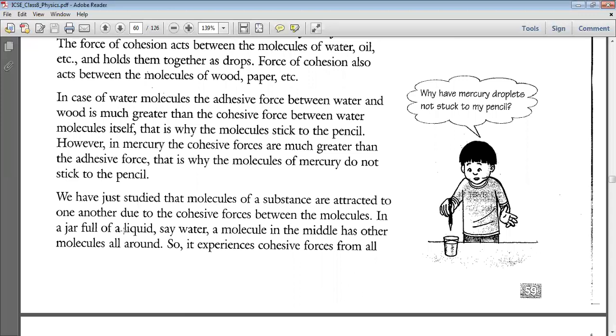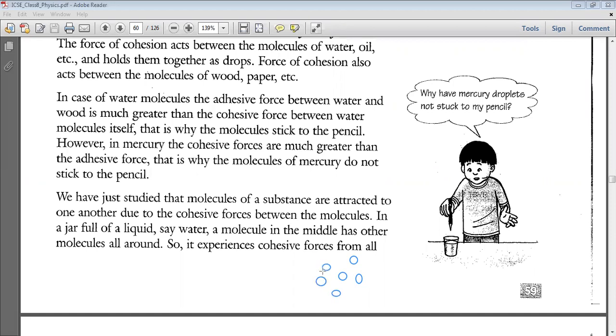If I have a jar which is full of liquid, say water, and you consider a water molecule in the middle of the jar, obviously that water molecule will be surrounded by other water molecules from all directions, right? I can show this by this circle. If this is a water molecule, surrounding it there will be other water molecules as well.